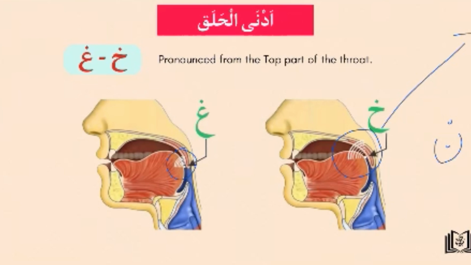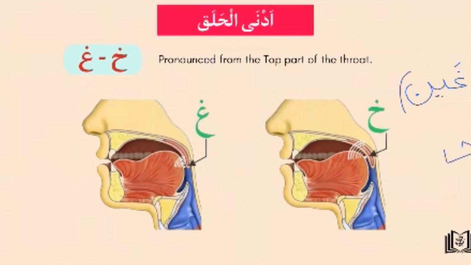That's why for Kha the pitch will be a bit high, and for Ghain it will just end smoothly because there is a stopping at the end. That's why this wave is bigger than this one.